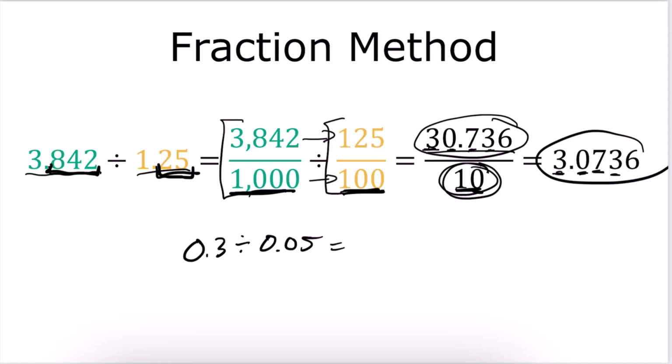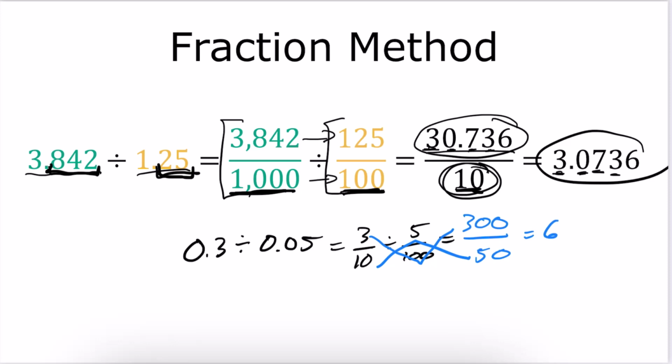In this case, dividing straight across doesn't work out nicely, but the zigzag method would still work, because you could go 3 times 100 gives you 300, 10 times 5 gives you 50, and if you reduce the fraction 300 over 50, that equals the number 6.